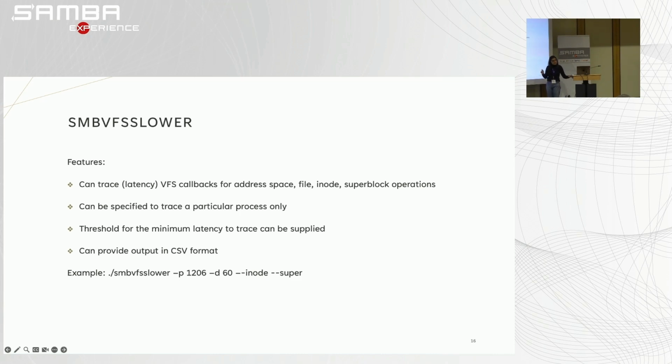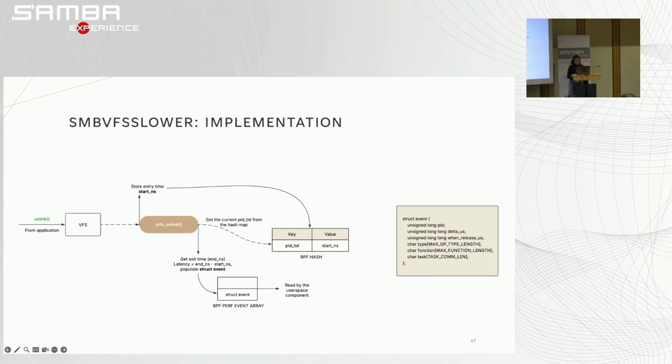Can you set that threshold to less than a second? I think it's just going to be whole numbers, so probably not, but I can make changes to the code and do that.